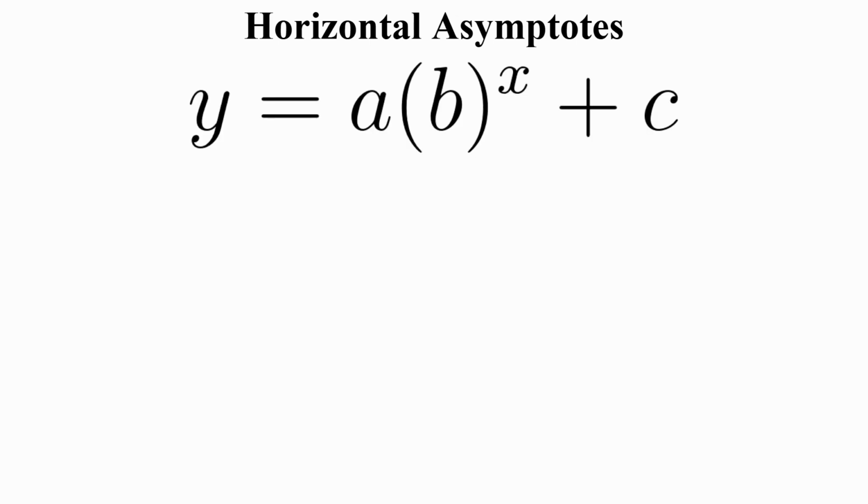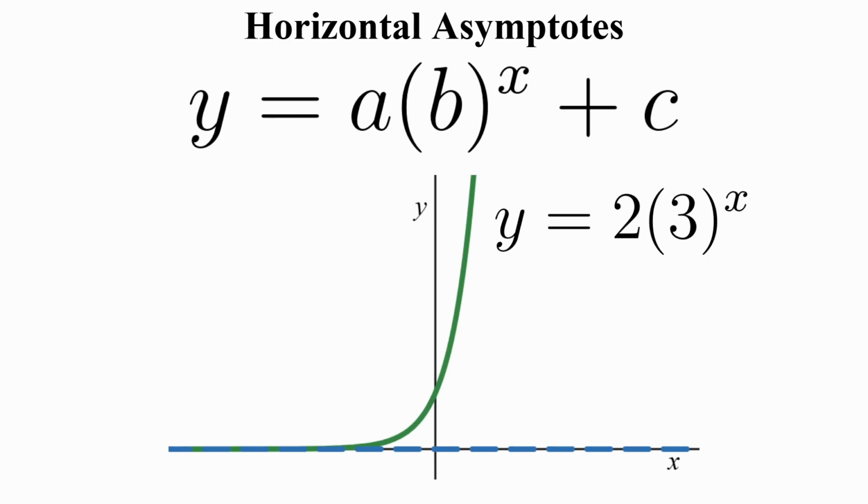But let's talk a little bit about horizontal asymptotes. So this form changes a little bit if I have a times b to the x plus c. So what is the plus c? Well, let's look at 2 times 3 to the x. That was one we were looking at before. You'll notice I added this dashed blue line to show where the exponential gets closer and closer and closer to, but never touches, doesn't cross that dashed line.